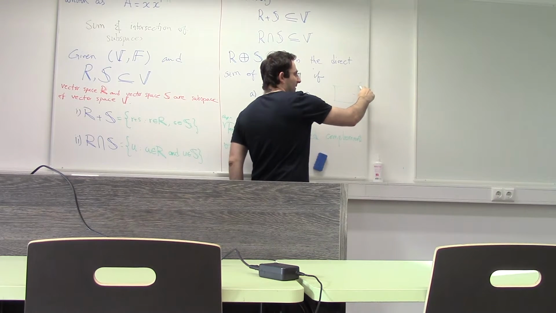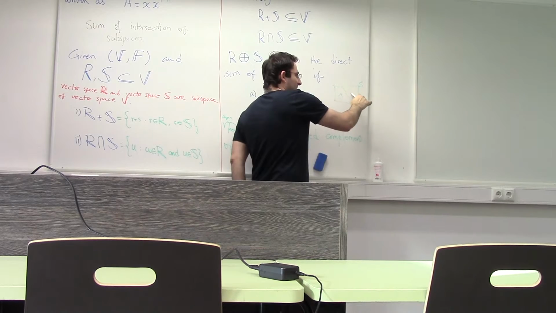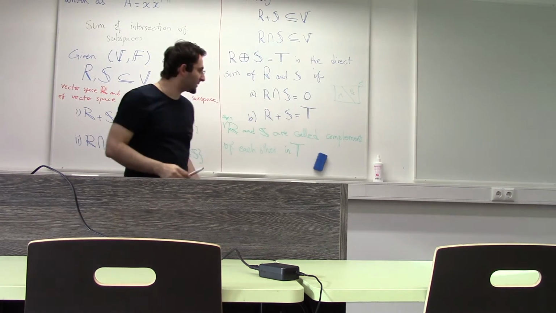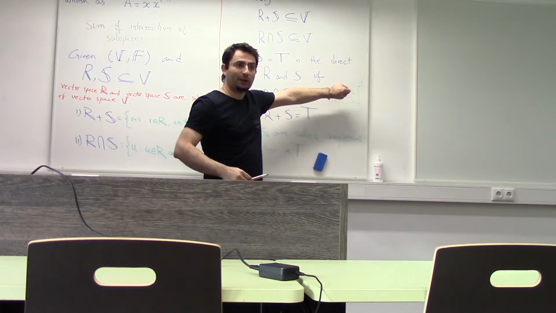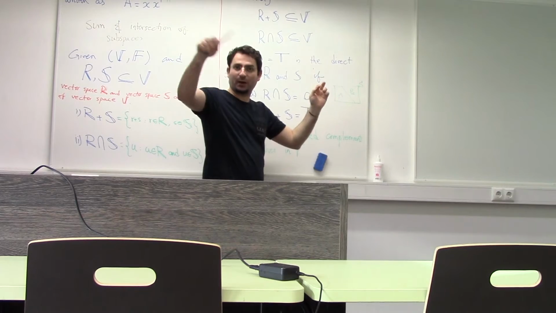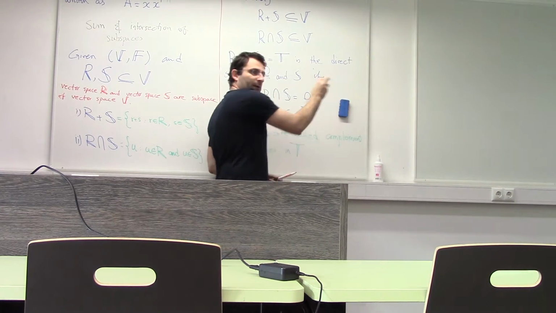This is the sample space S. If this is A, this is B, if there is nothing common between them, if there is no intersection, and if we add them together we get S, then they were called complements of each other. A prime was B and so on.